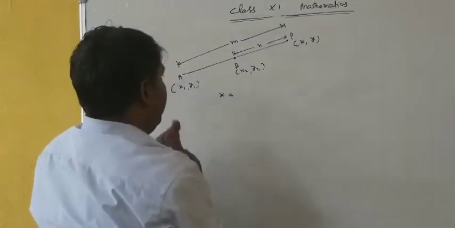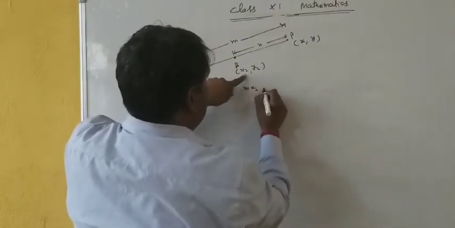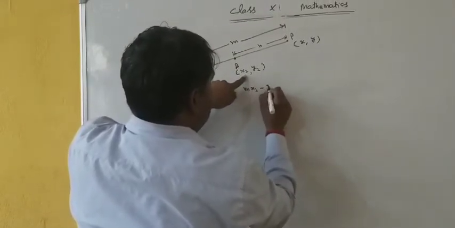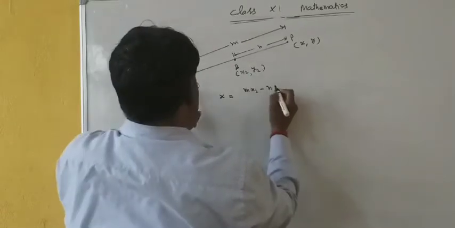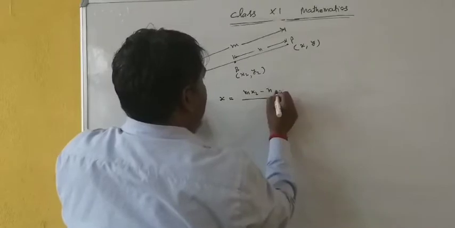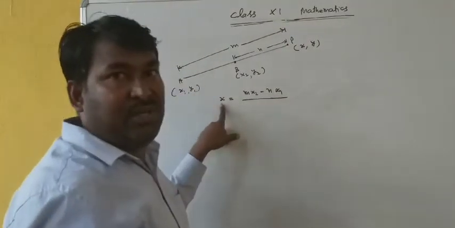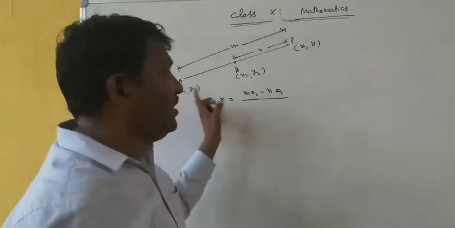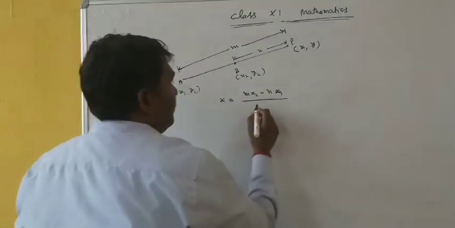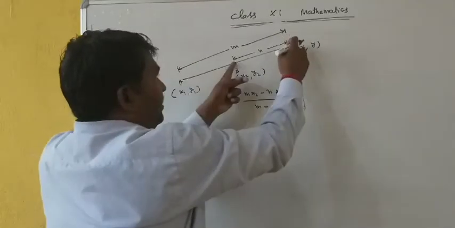So x is equal to m x2 minus n x1. Since you are going to calculate the x coordinate, you always take the x coordinate over m minus n, this total minus this one.